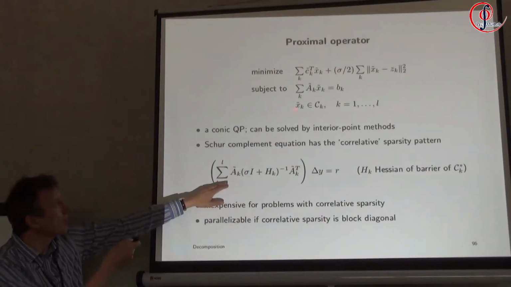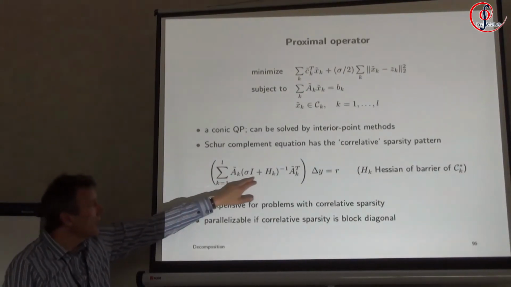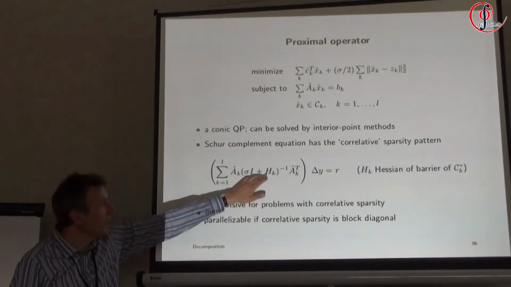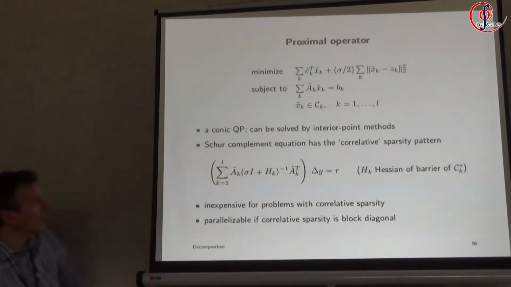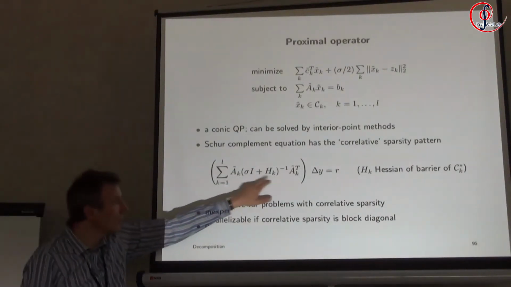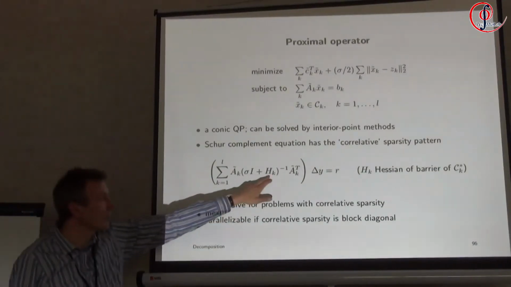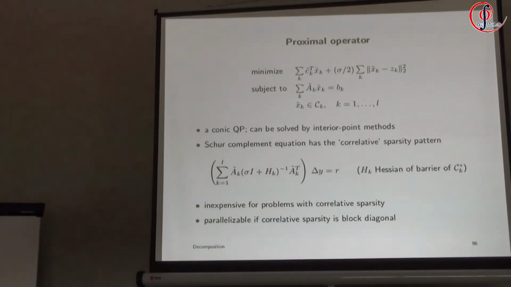So it has the matrices A_k tilde. Where we had H inverse before, H being the Hessian of one of the barrier functions, now we have H_k plus an identity matrix that comes from the Hessian of the quadratic term. But still, in general, this would be a simple matrix, the Hessian of the barrier function plus identity.